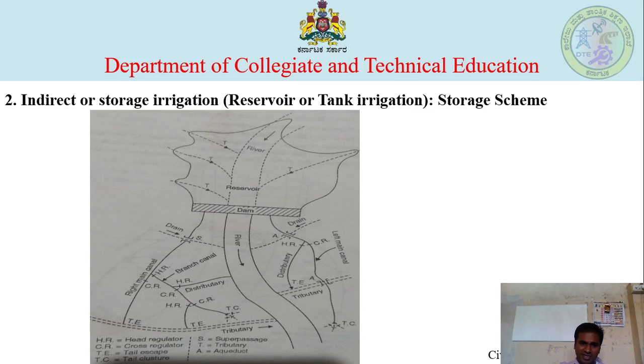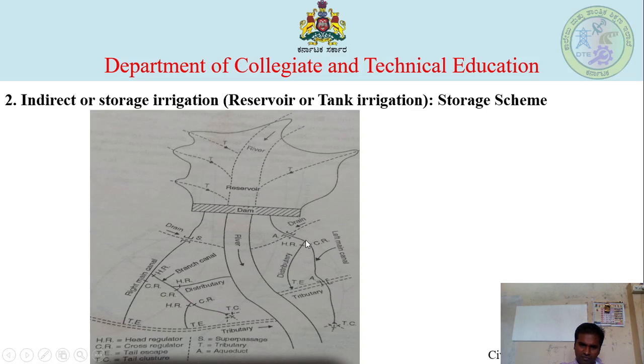On the downstream side of the dam or in the body of the dam, we are going to provide a canal system on either side. This is the right main canal, this is the left main canal through which water is flowing. From this canal, water is allowed to the branch canal, distributary and tail clusters. Here also, this is the main canal.